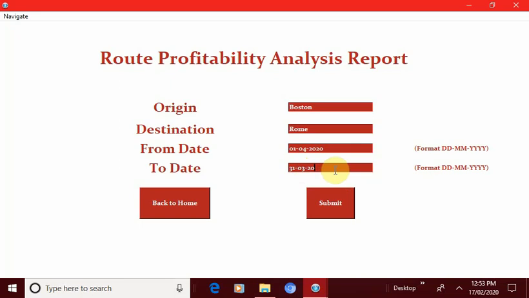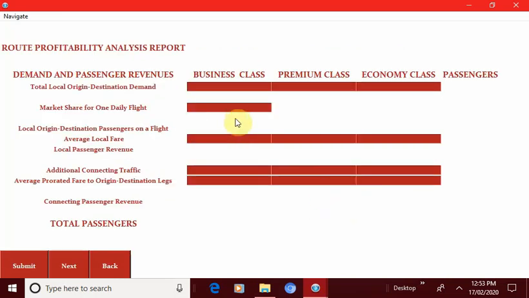So 1 year, we want to plan for 1 year for this particular route and evaluate it, and we'll submit this.